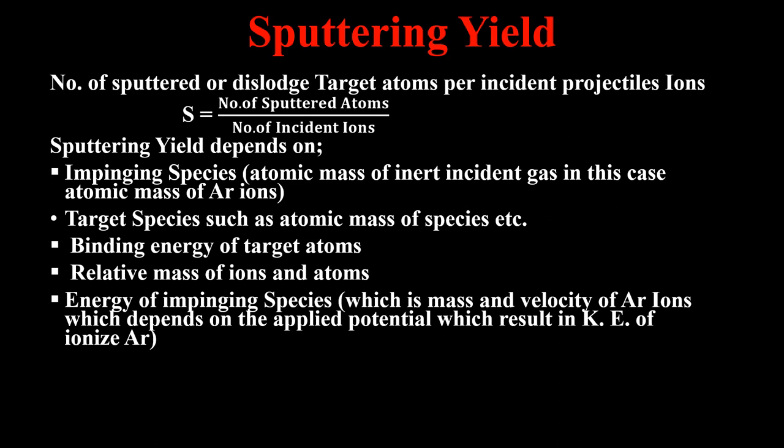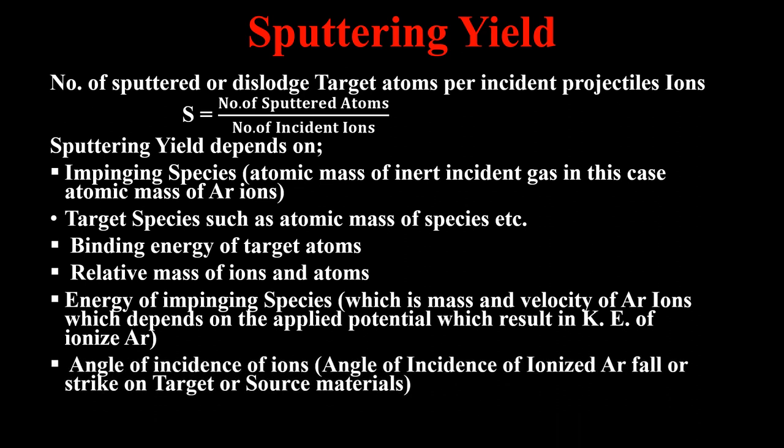As far as the sputtering device is concerned, the energy of the impinging species depends on the potential difference, which is the applied voltage between the cathode and anode, resulting in the kinetic energy of the impinging species.